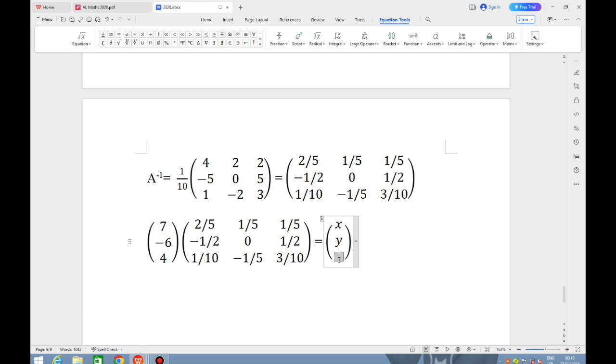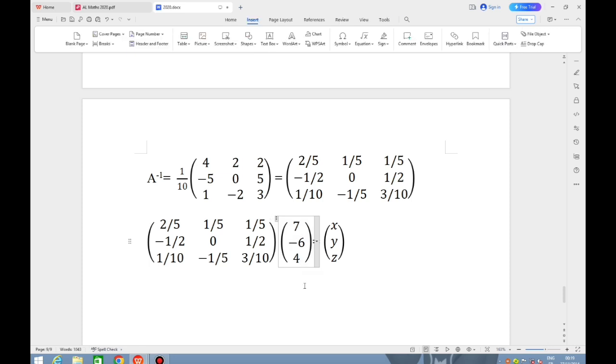Oh no, actually it's supposed to be like this rather. The inverse of the matrix times the values should be first x, y, and z.